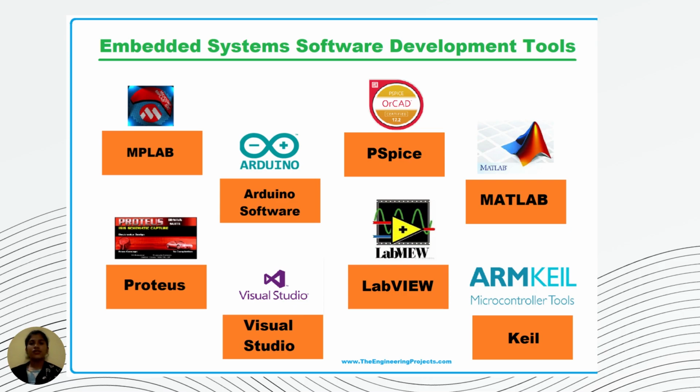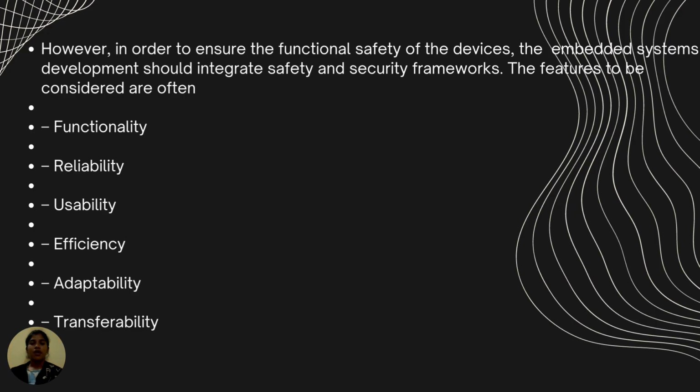We cannot just go and make software work. We need certain tools to work on it. So certain tools that we use are MPLAB, Arduino software, PSpice, MATLAB, Keil, Visual Studio, Proteus, and LabVIEW. However, when we run the software, we need to have certain security and safety devices so that we feel safe to use certain software.